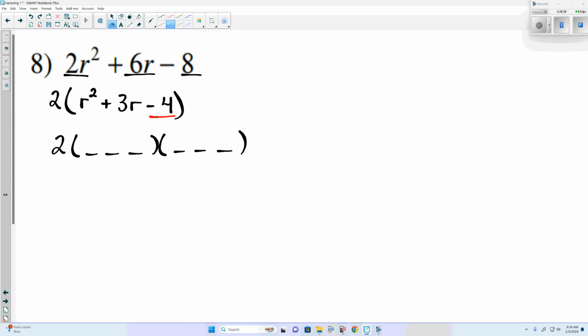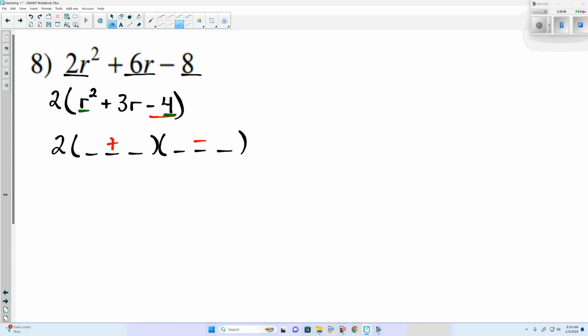If the third term is positive, the signs are the same and match the sign of the middle term. If the third term is negative, our signs are opposite. Here, the third term is negative, so our signs are opposite. One's going to be positive, one's going to be negative. Questions on this so far?